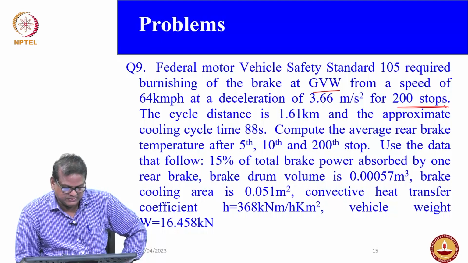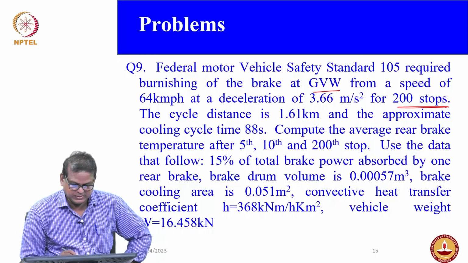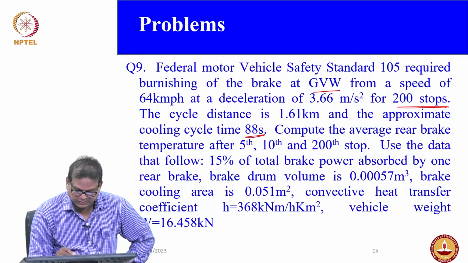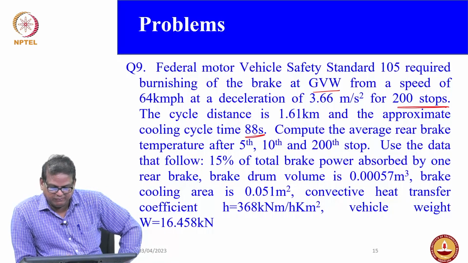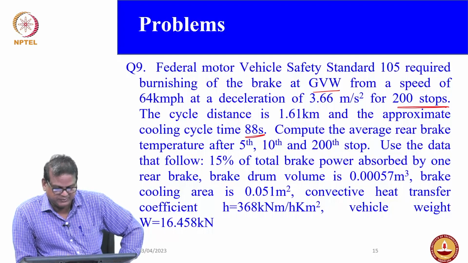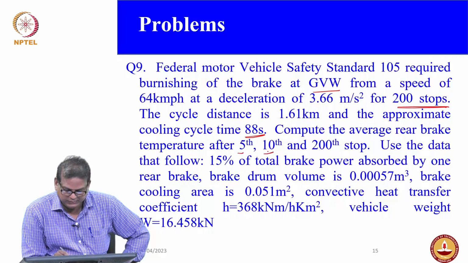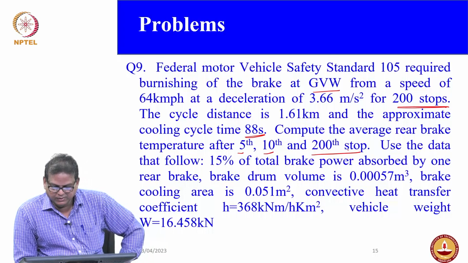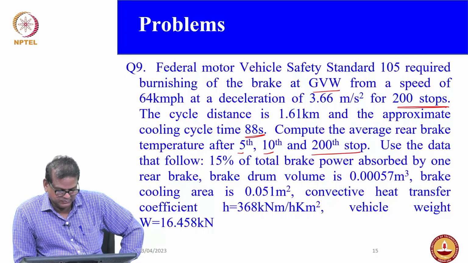The cycle distance is 1.61 kilometer and the approximate cooling time is given as 88 seconds. Compute the average brake temperature after the 5th, 10th and 200th stop. Use the data that follows.